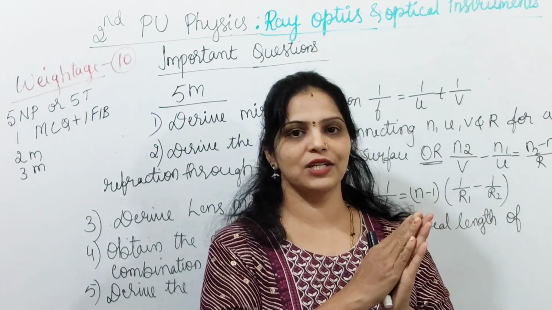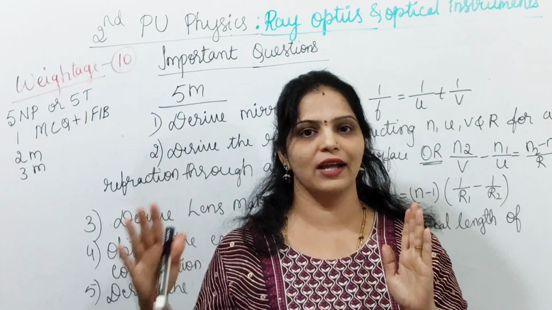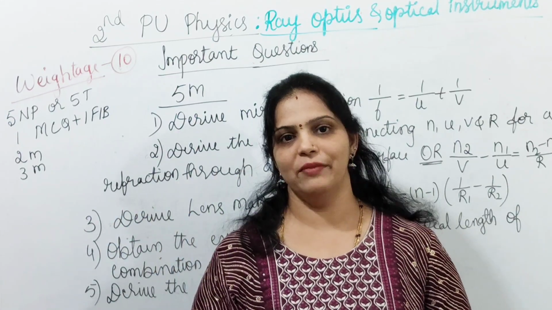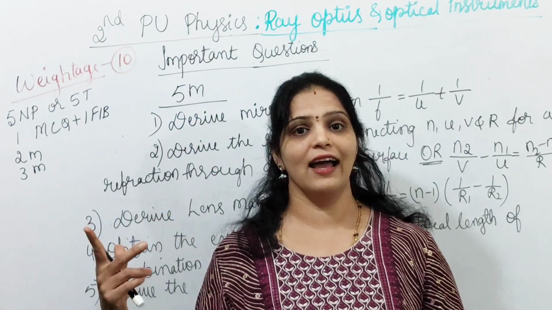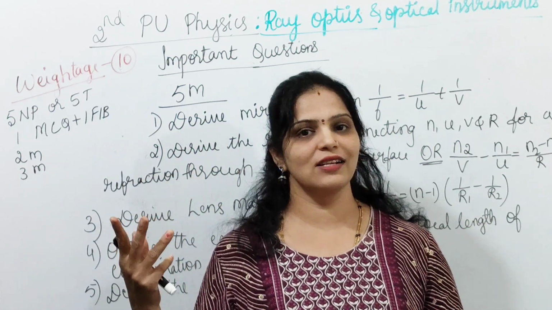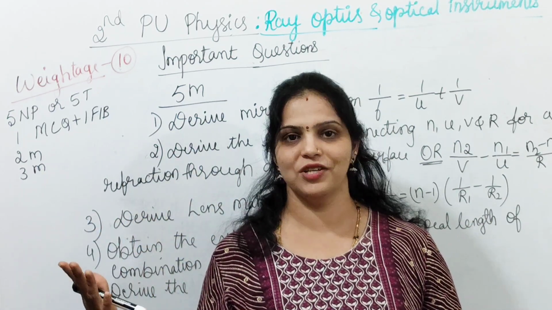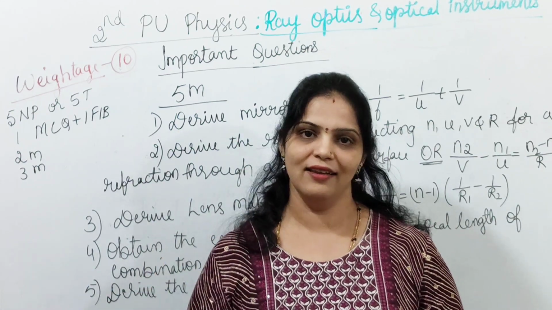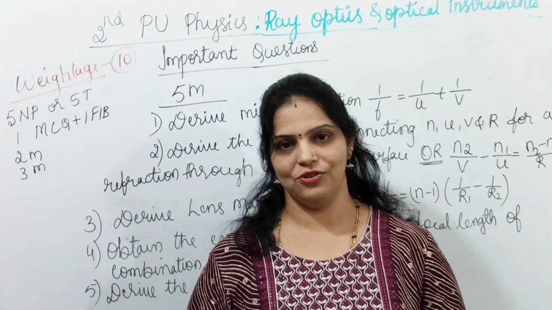When a point object is placed in front of the lens, you get a real point image, and there will be 2 images. One image, I dash, from the first surface acts as a virtual object for the second surface, and you get the final image at I. That diagram must be drawn.